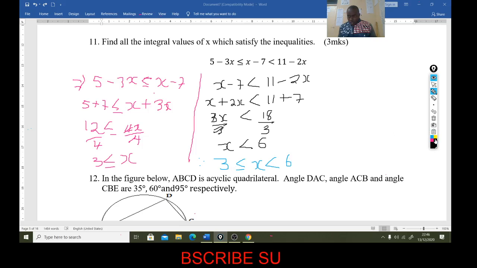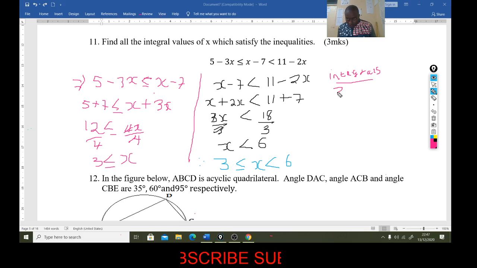So the integral values are what? 3 is inclusive because 3 is less or equal to.